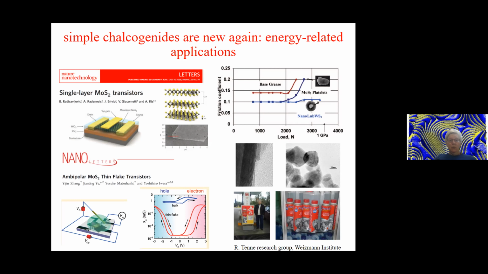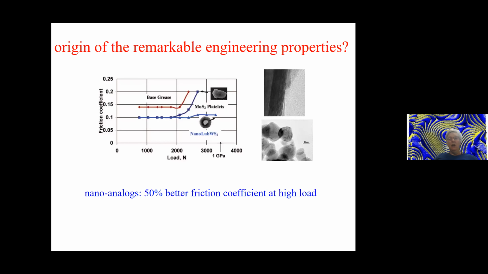My friend Yoshi Iwasa at Tokyo was showing superconductivity, in fact, ambipolar superconductivity in moly disulfide. And a friend of mine at the Weizmann Institute, Reshef Tenne, was making nanoscale transition metal chalcogenides, moly disulfide nanoparticles, tubes, and so on, and tungsten disulfide analogs.